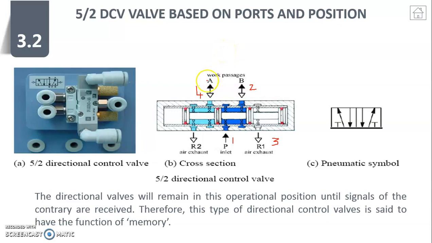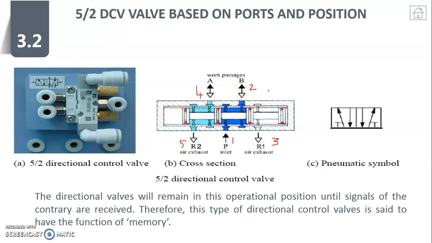The next port is connected with this fourth, and the last one will be 5, which will be your another exhaust. So by that you have 5 ports and 2 positions, so it is said to be a 5x2 valve. By using 5x2 you can control your double acting cylinders or rotary actuators in a better way.